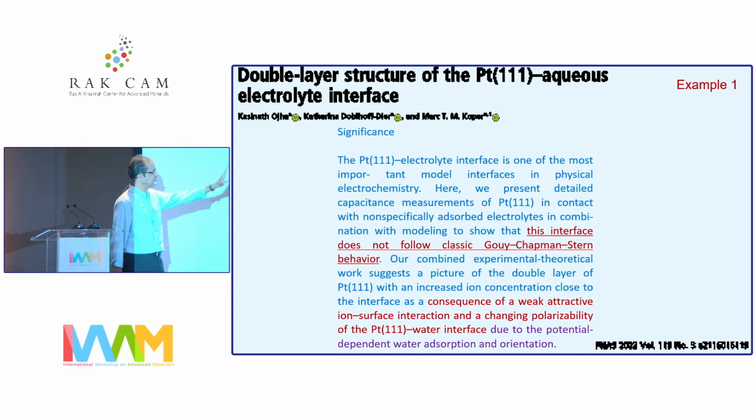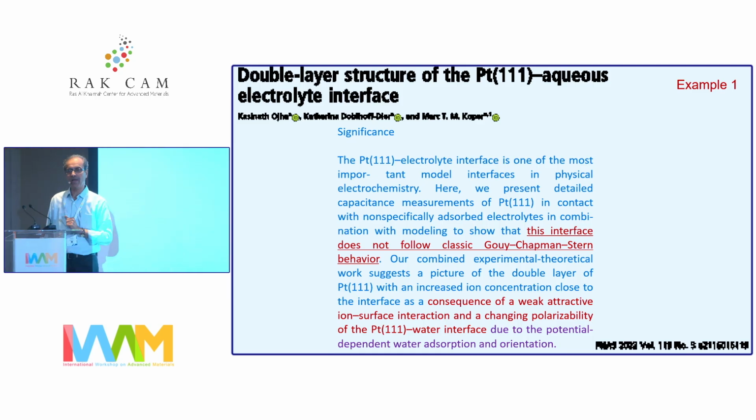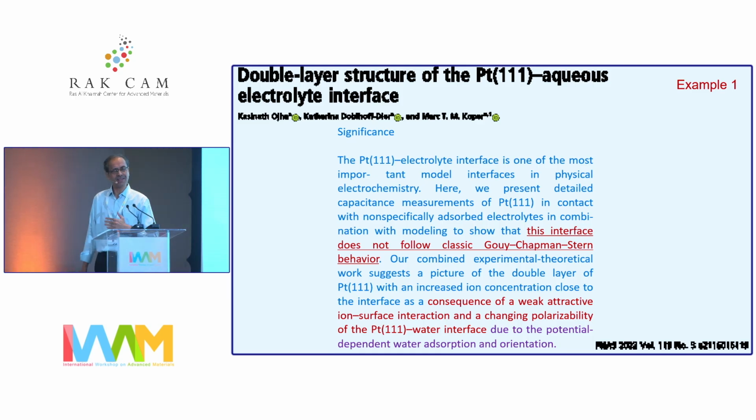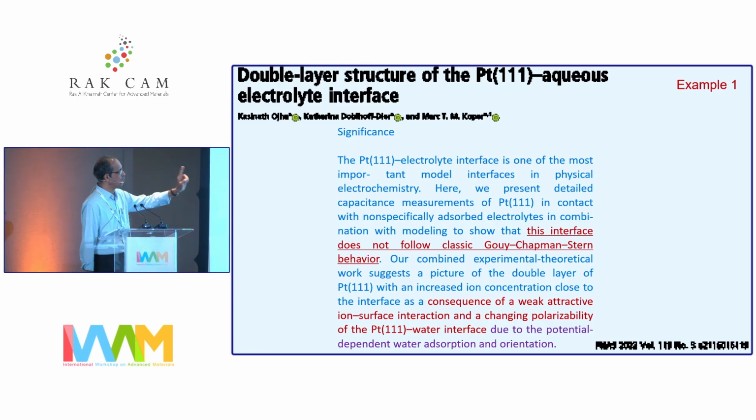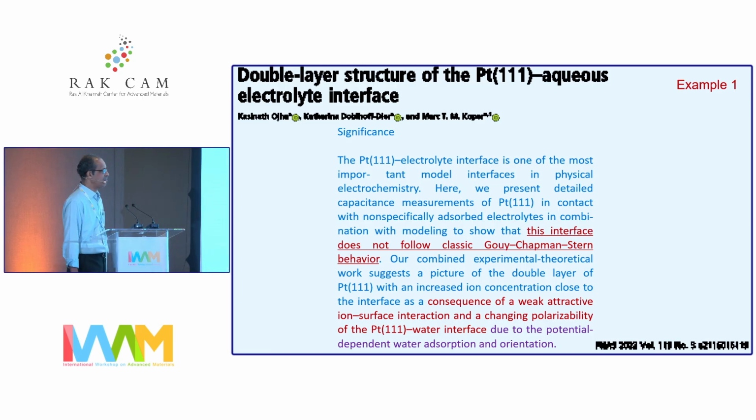If you look at what's written here, a platinum-electrolyte interface, a 1-1-1 single crystal surface, is known to be something very simple, which should be easily understood. But that's not so. It doesn't follow what he calls Gouy-Chapman-Stern behavior.